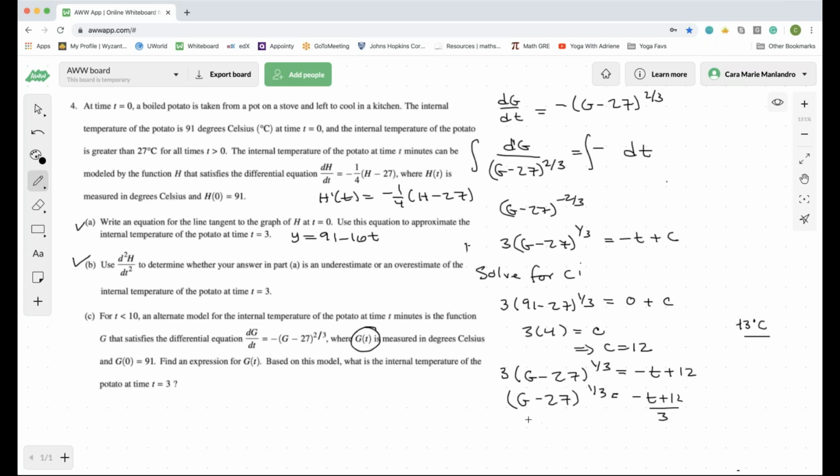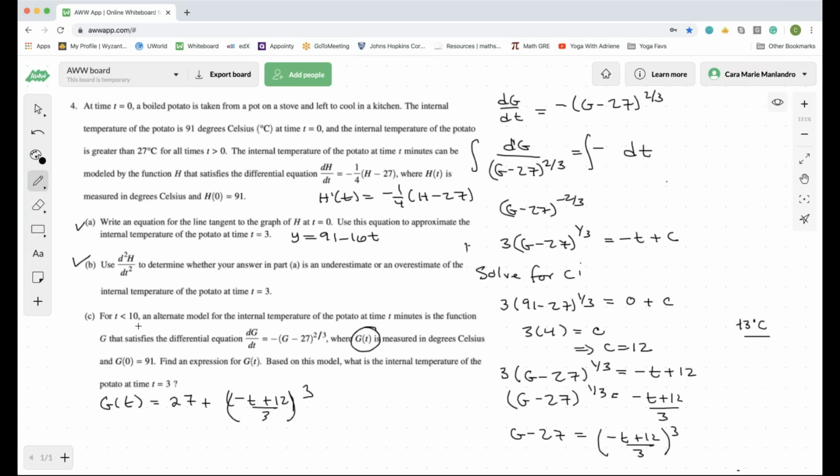And then cube it. And then I get g of t is equal to 27 plus negative t plus 12 over 3, that whole quantity cubed.